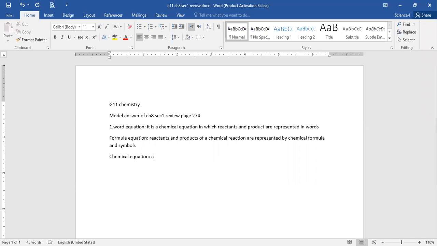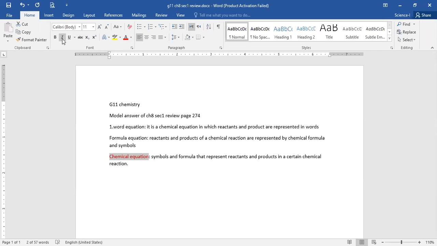symbols and formulas that represent reactants and products in a certain chemical reaction. So here, guys, the chemical equation is just a general definition that represents the idea here.